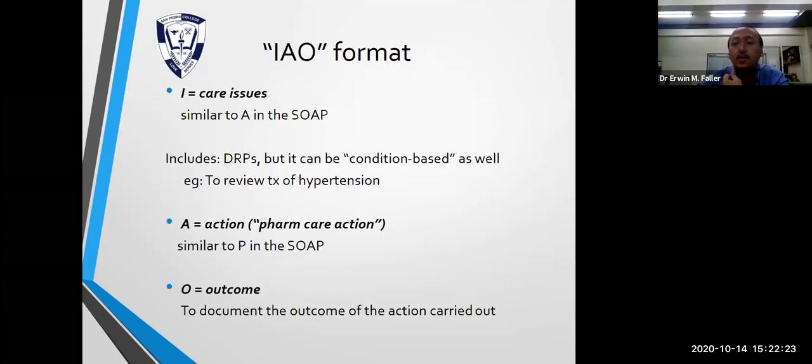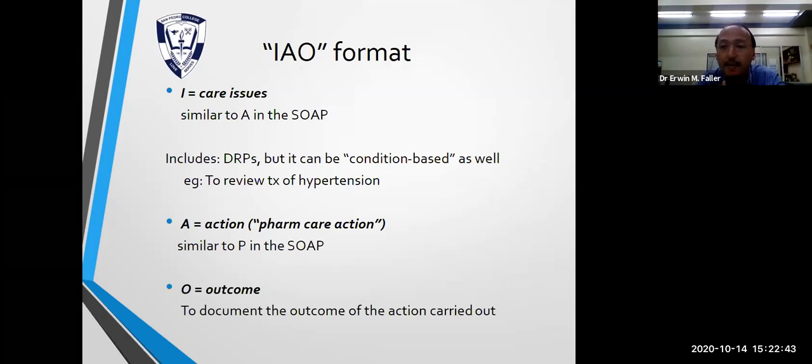Okay? So this is what we do, and this is the format we actually use. So IAO is usually adaptable in some hospitals, clinics, or even in dispensing in the hospital or the community setting. Always look at drug-related problems as a major issue.